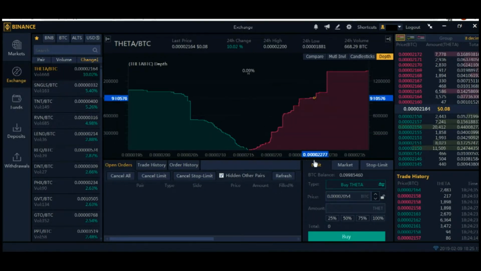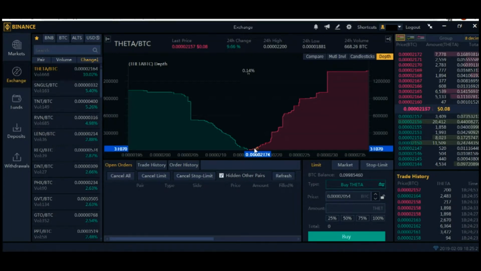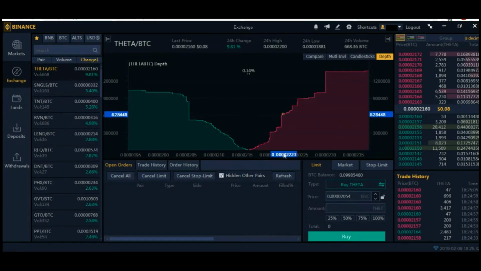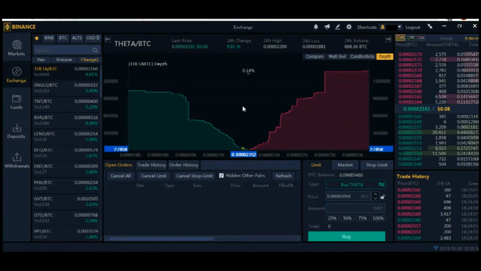So if this is currently going at 2164, it's a visualization of how many trades at 2154 there currently are. And you can see there's not as many as there are waiting up here. So this is actually a fairly smooth process right here. When you get a bigger gap between the two, it's kind of a tougher process for it to resolve the order book.